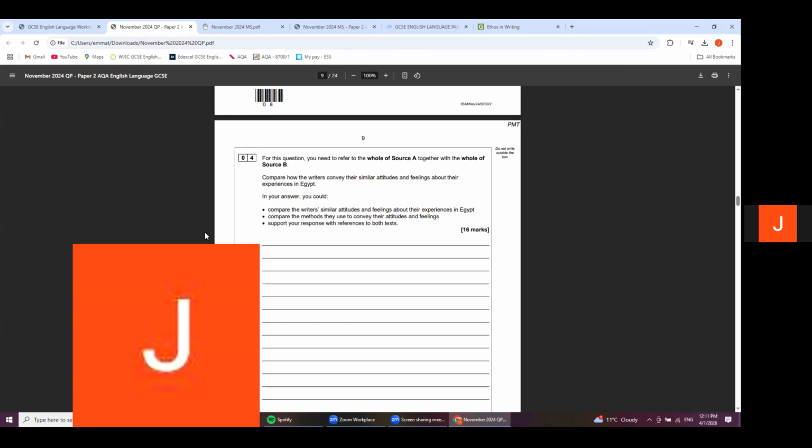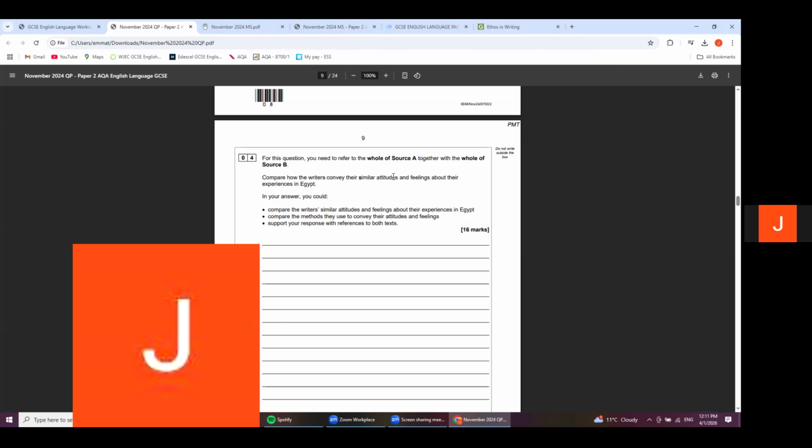So fear not. Our task for question 4 is compare how the writers convey their similar attitudes and feelings about their experiences in Egypt. So we're comparing them, we're looking at the similarities and differences. Specifically, you really got to pay attention to the wording of this question. Compare how the writers convey, or get across to us, what words have they chosen to make us think, feel, and so on.